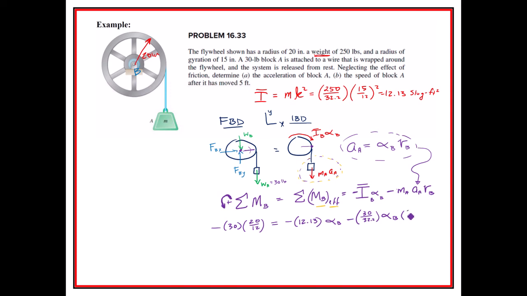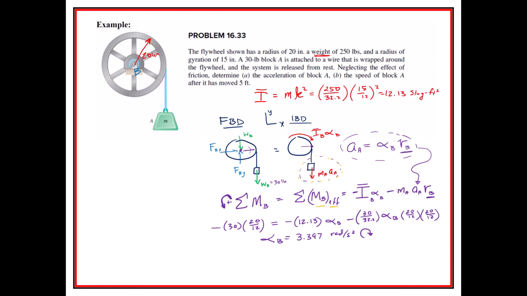Which was 20 over 12. But also times 20 over 12. So it's really R squared, because we had an RB from here and an RB from right there. With this, we can find alpha, and we get 3.397 radians per second squared, and we know that it's clockwise.